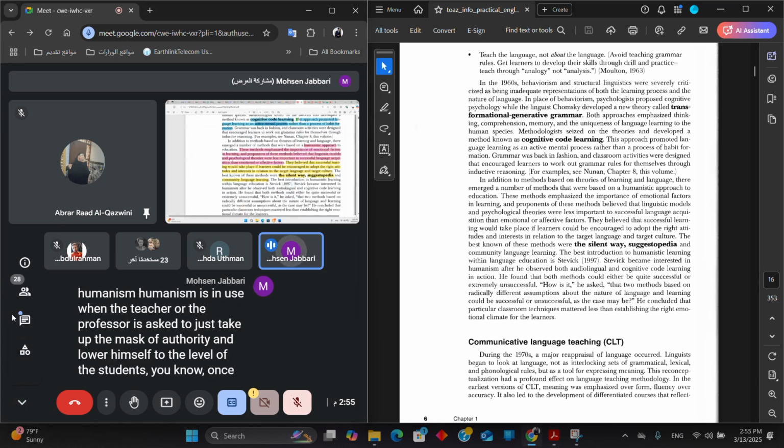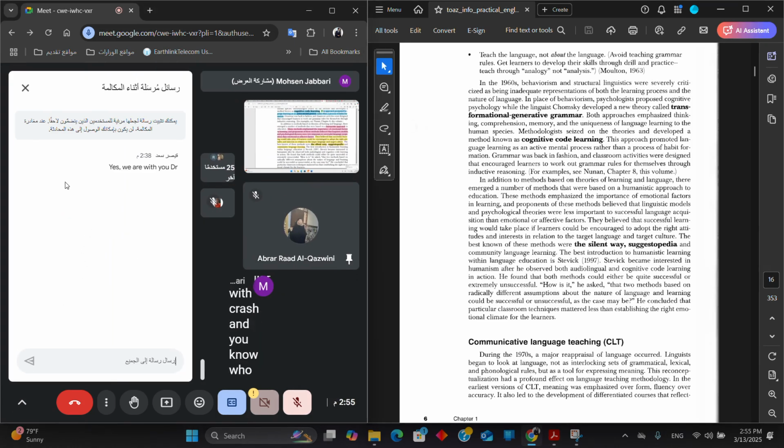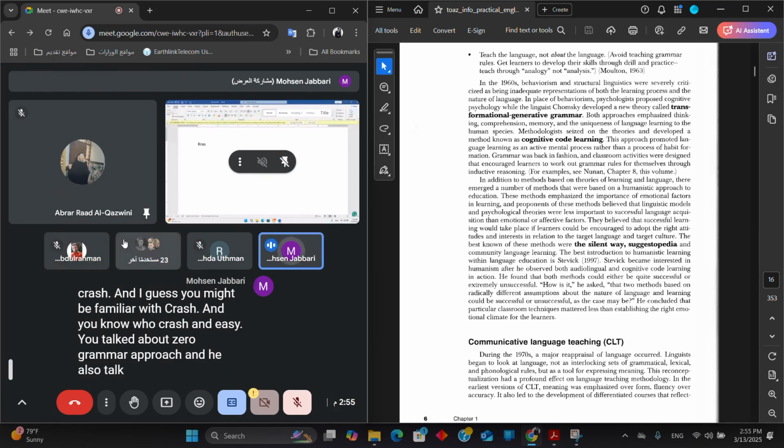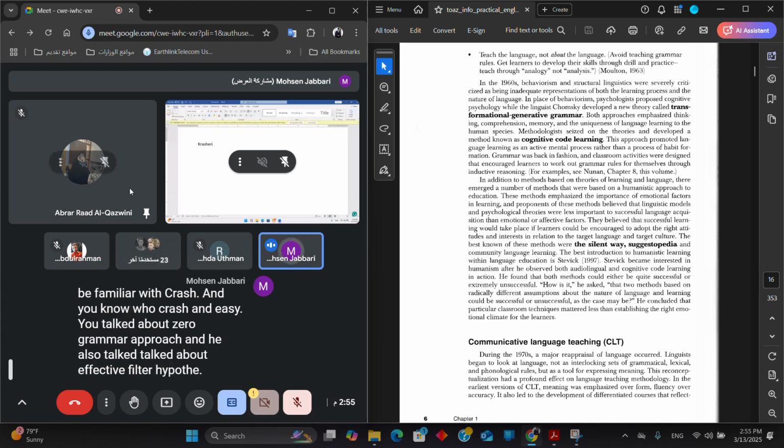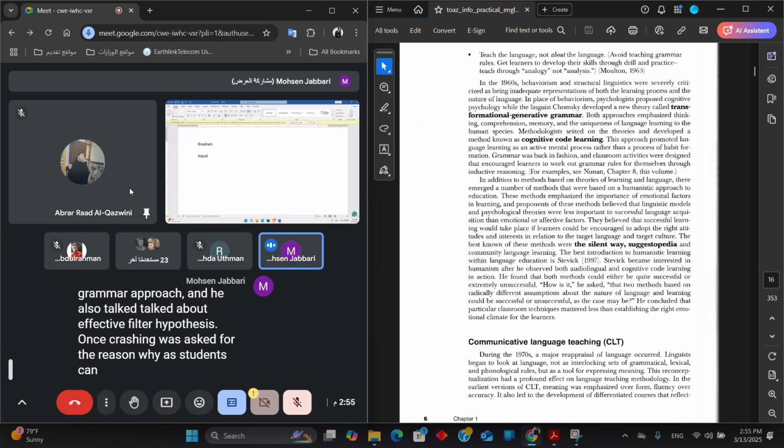Once Krashen, I guess you might be familiar with Krashen. You know who Krashen is. He talked about the zero grammar approach, and he also talked about the affective filter hypothesis. Once Krashen was asked for the reason why students cannot learn that much from their input and why much of this input is not changed to acquisition, and he talked about his affective filter hypothesis, in which he mentioned some points about the word affect.